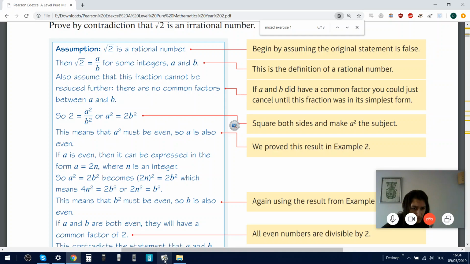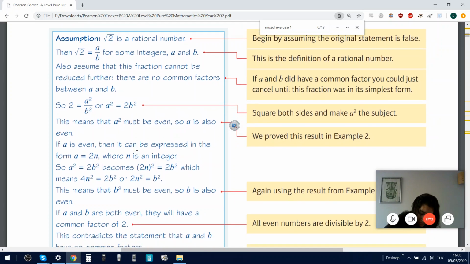You then square both sides. And then you show that both numbers are even numbers, which we know it can't be because it can't be reduced any further.